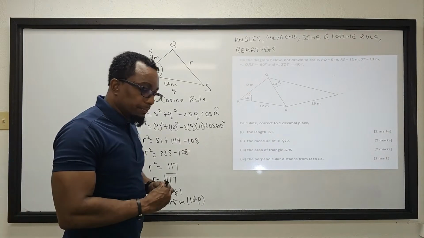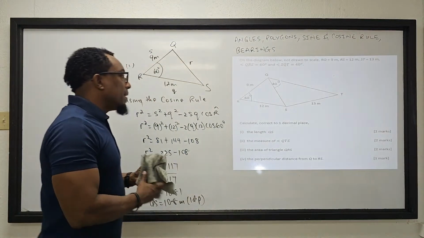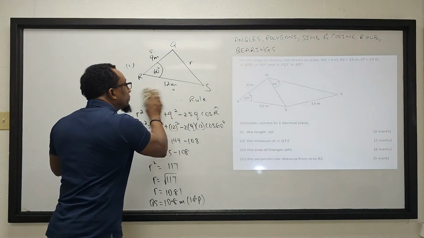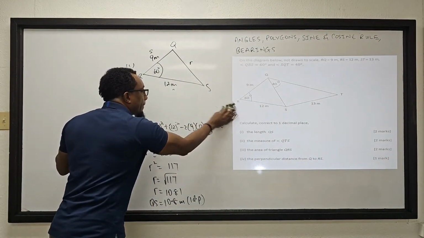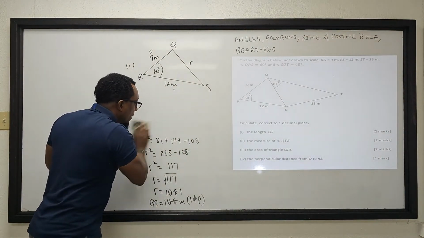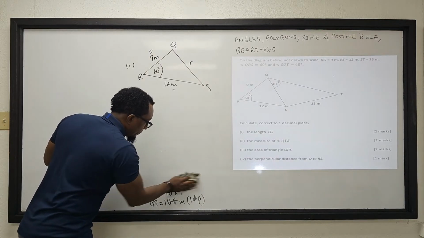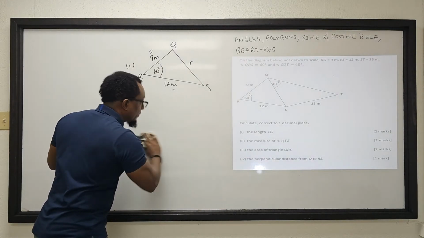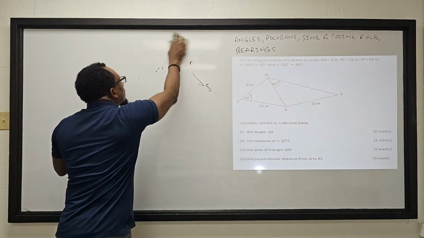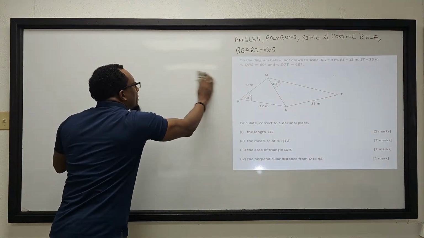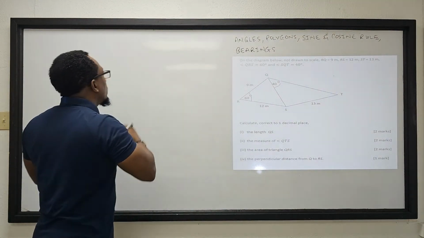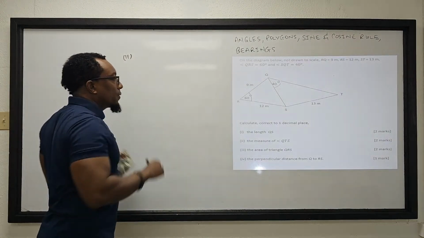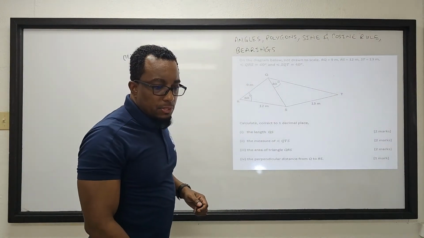Now, part two: find the measure of angle QTS. Where is angle QTS located?